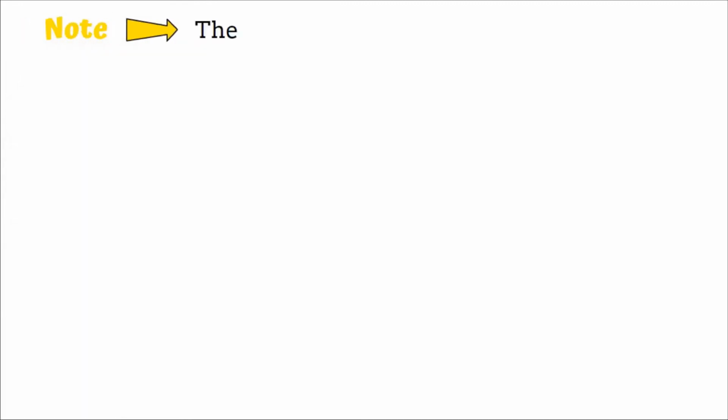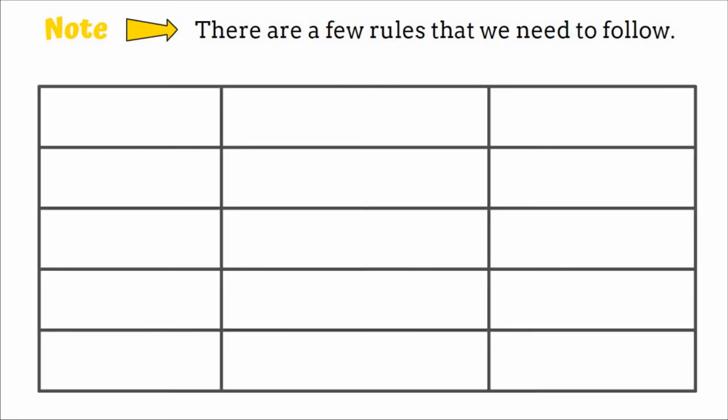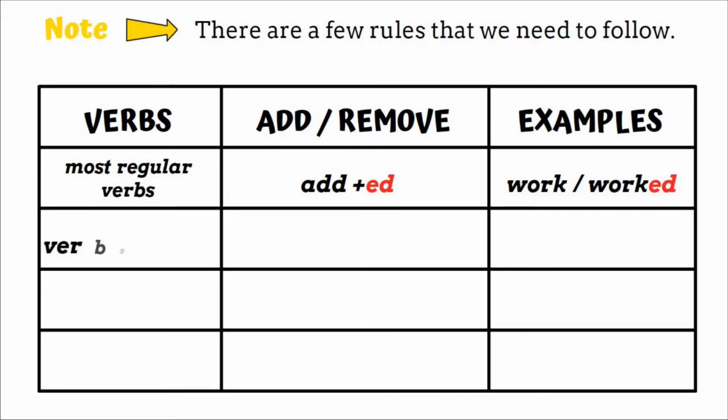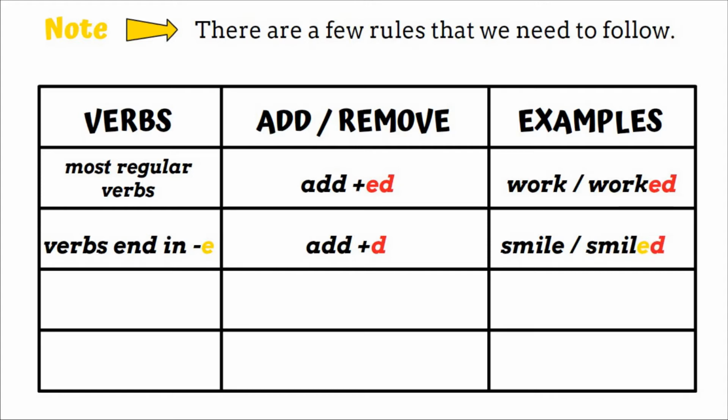Note, however, that there are a few rules that we need to follow even with the regular verbs. If the word ends in E, we will only have to add the letter D. Smile and smiled.